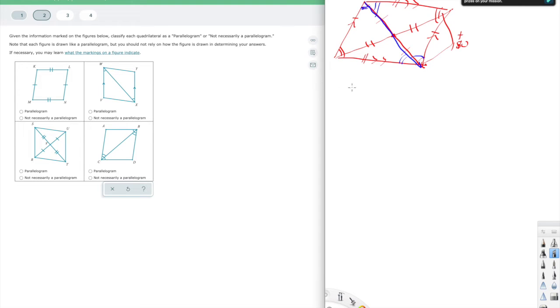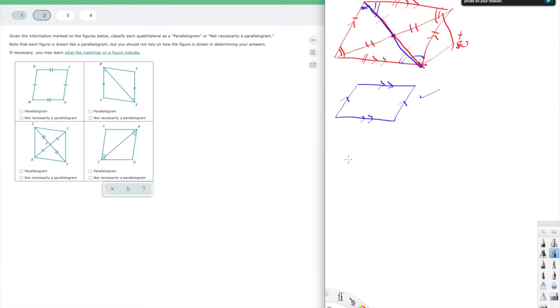So the first one that we have is just to show the definition, right? If we can see that the opposite sides are parallel, and I don't mean see as in, oh, it looks like they're parallel. I mean, we actually see the parallel marks, like these parallel marks. So if they show us this, then that's a parallelogram.